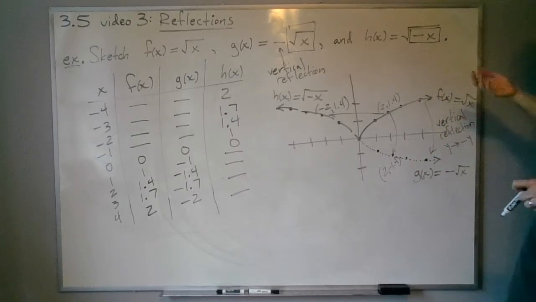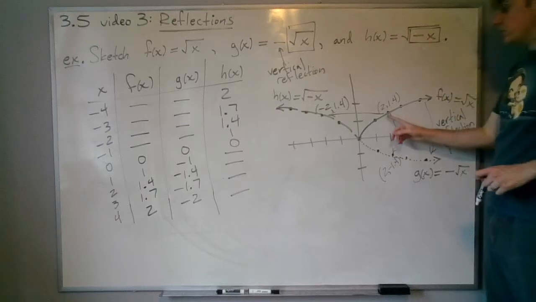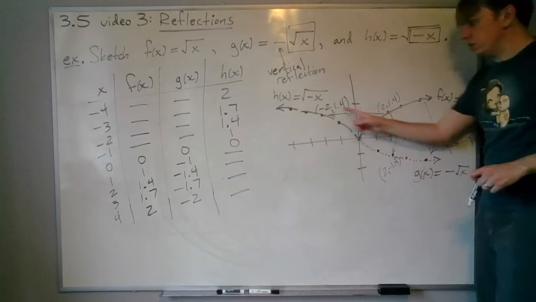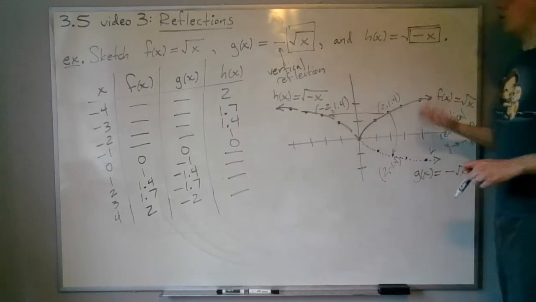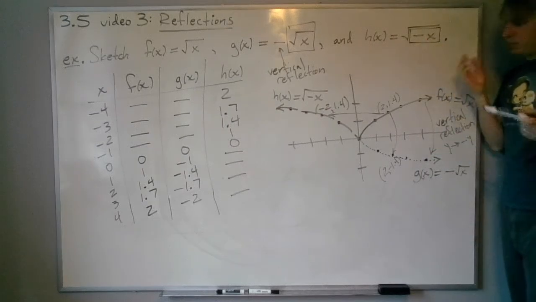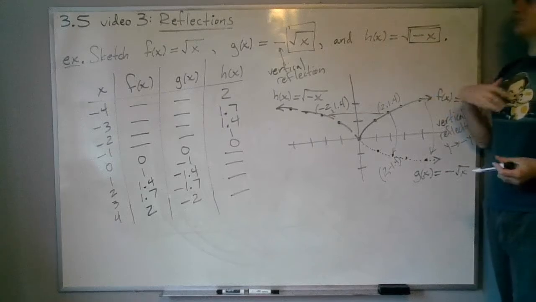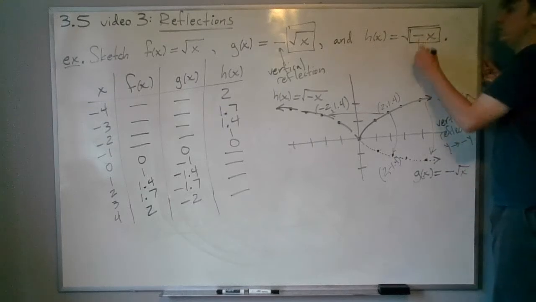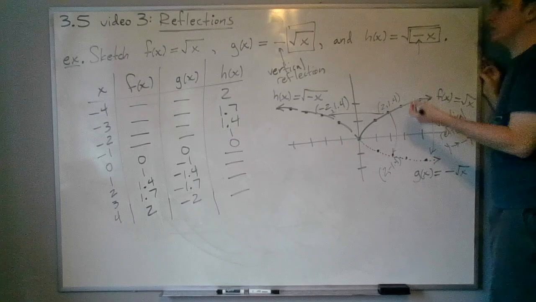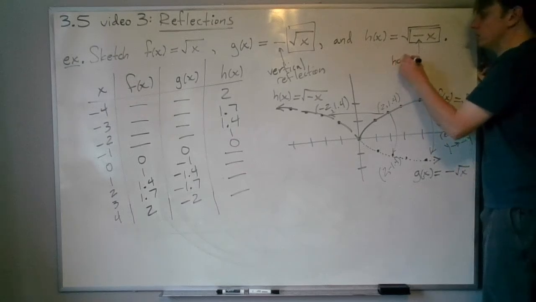The reason we know that is that positive x's, x is 2, is getting turned into a negative x. Also, multiplying by a negative is apparently a reflection, and this one is on the inside of the function. That's a hint that it should be horizontal. So a minus sign being multiplied on the inside is a horizontal reflection.